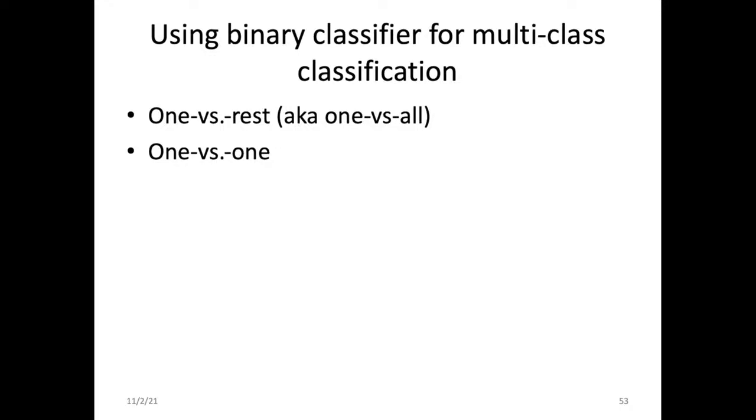And I think perhaps today or after the midterm presentation, we will introduce a very famous methodology called SVM, support vector machine, which is also a binary classifier. For methods like SVM or logistic regression, we can use this technique to deal with multi-class classification.